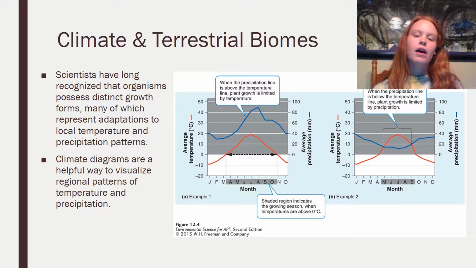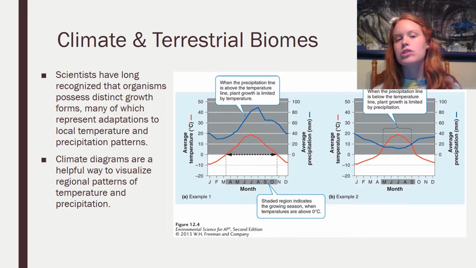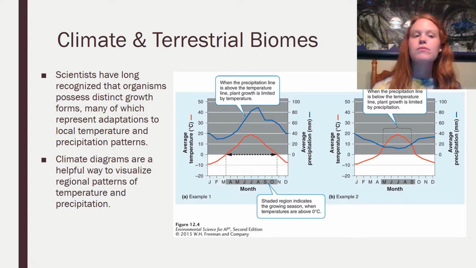On the left side, you have the temperatures, and these are in Celsius, always. On the right side is precipitation, and that's going to be in millimeters. Remember, it's precipitation, not rain. This includes snow, sleet, and hail along with that.